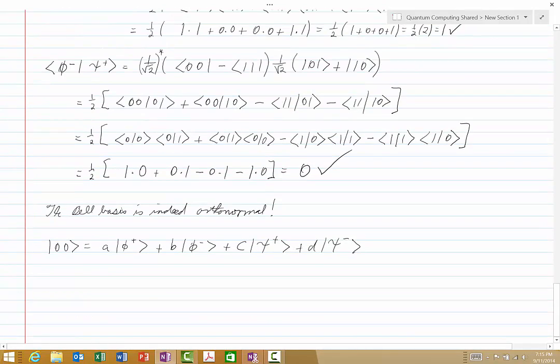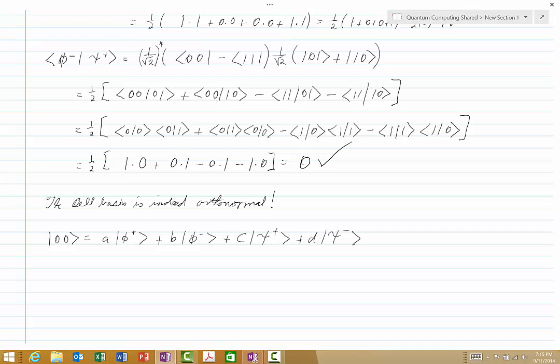And now that you know that the Bell basis is orthonormal, I hope that you know right away how to find A, B, C, and D. We've already mentioned it once, so I hope that you understand that, and I'd strongly recommend now that you stop the video and try to find A, B, C, and D, and then once you think you have the answers, turn the video back on and check your work. Okay.